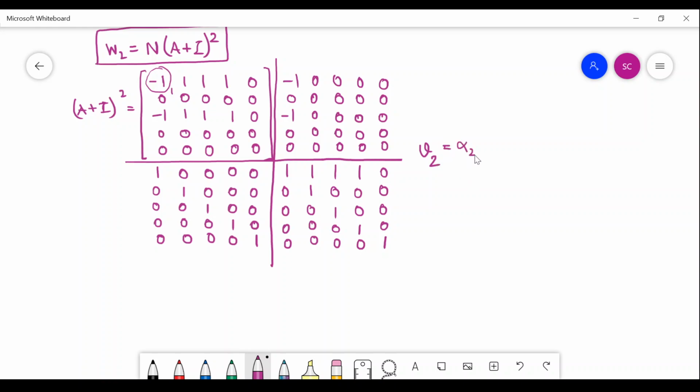You have found out 4 basis vectors in W2. You expected that in W2 the number of basis vectors would reduce, but it increased. What is happening? So we'll take a look at it.